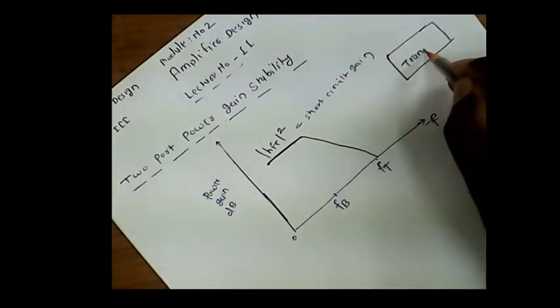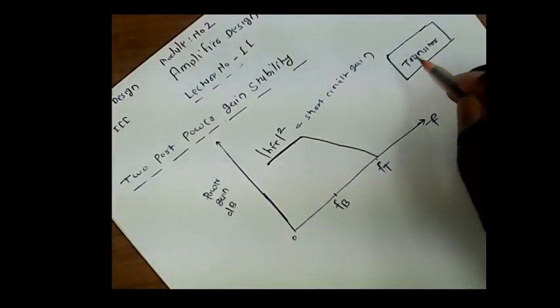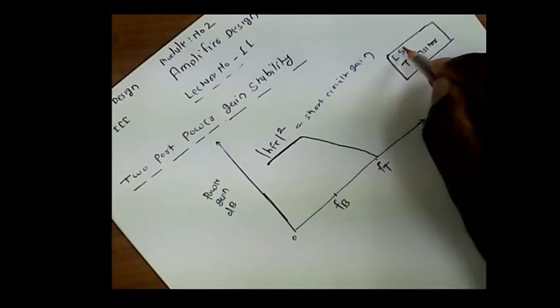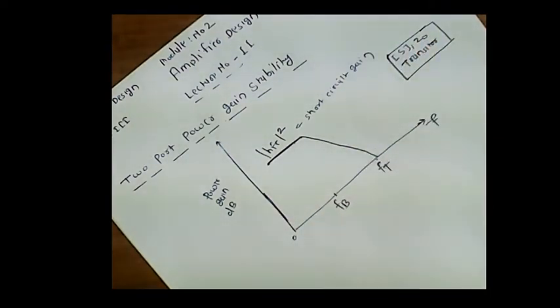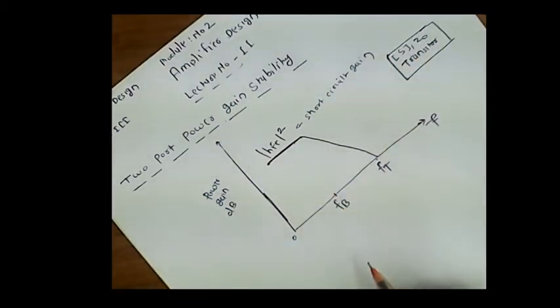This transistor is nothing but a black box which is characterized by the S parameters and characteristic impedance Z0. So that is the two-port network which will be defined to implement the microwave amplifier design.